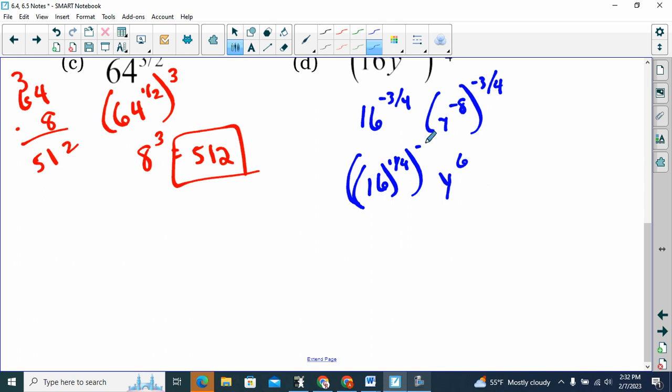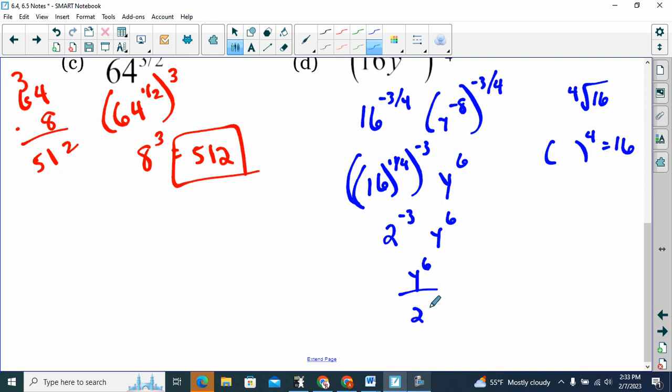And then the negative 3rd. I need the 4th root of 16. We should be thinking what to the 4th is 16. 2 times 2 times 2 is 8 times 2 is 16. So I've got 2 to the negative 3rd, y to the 6th. Negative exponents move to the bottom. 2 cubed is 8.